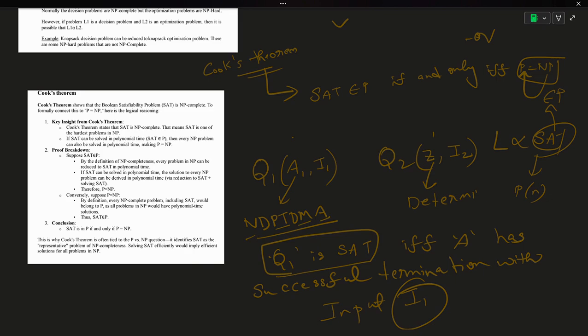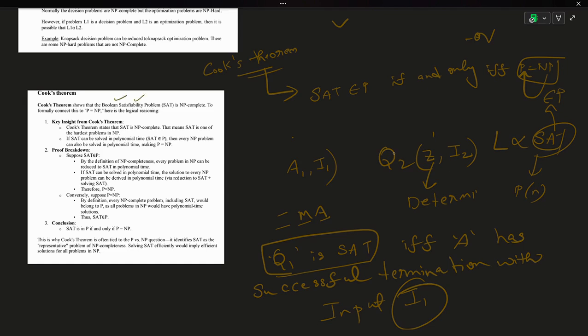And by the property of transitivity, if Q1 can be reduced to satisfiability, and Q1 has some non-deterministic algorithm, then we call Q1 NP-complete. And thus satisfiability can be solved in polynomial time, and hence Q1 can also be solved in polynomial time complexity.